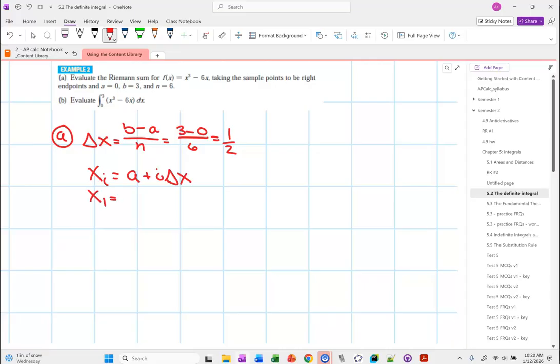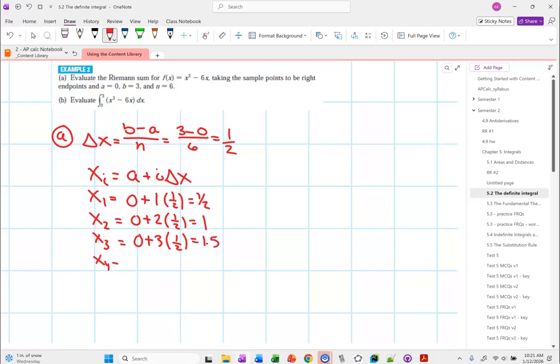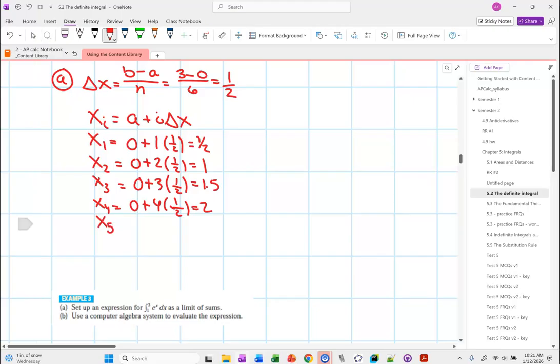So like x1 is going to be 0 plus 1 times 1/2, or 1/2. x2 is going to be 0 plus 2 times 1/2, which is 1. x3 is going to be 0 plus 3 times 1/2, or 1.5. x4 is going to be 0 plus 4 times 1/2, or 2. x5 is going to be 0 plus 5 times 1/2, so 2.5.